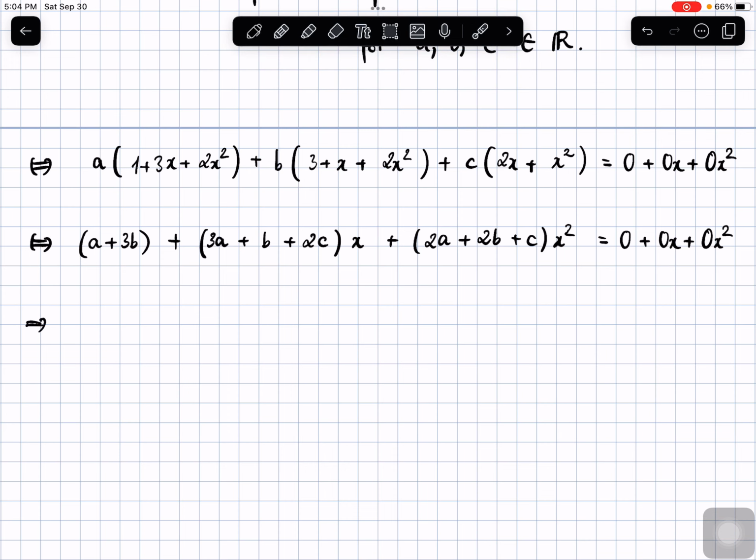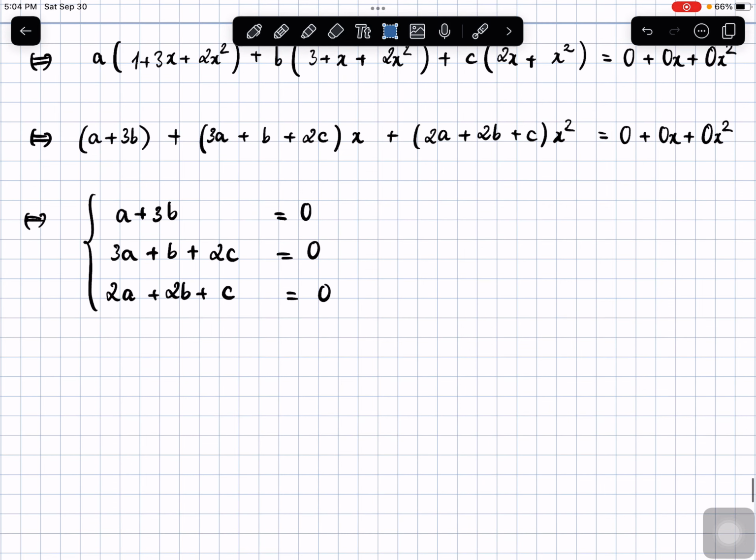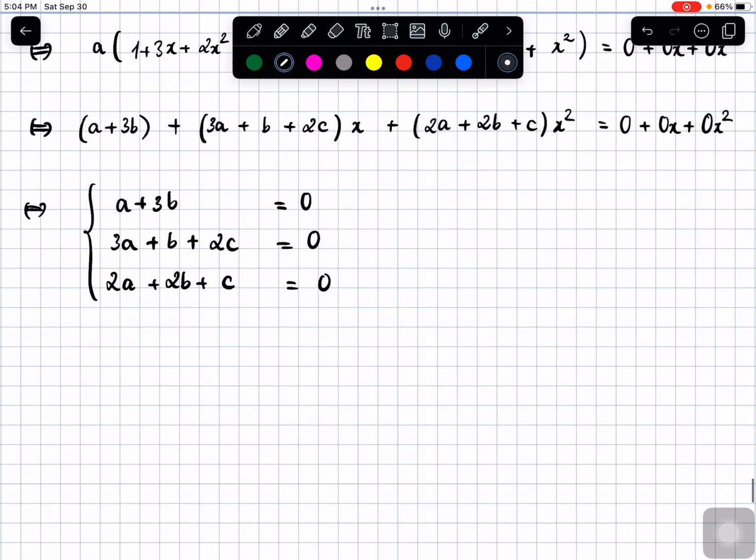This is equivalent to a plus 3b is 0, 3a plus b plus 2c is 0, 2a plus 2b plus c is also 0. So now we have a system, 3 equations, 3 variables, right? And now we solve it by Gauss elimination, for example.